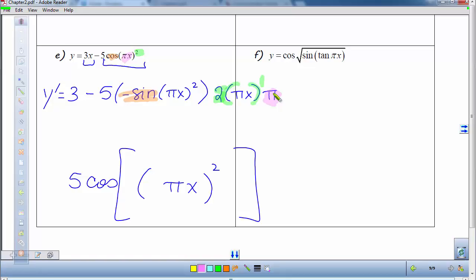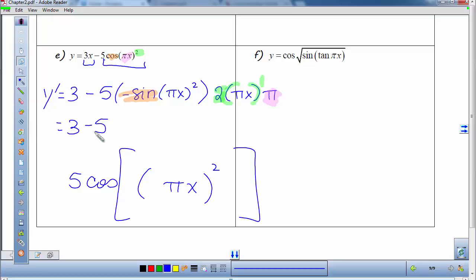Other questions? How do you simplify that? I'd say it's probably not so bad. The 3 is just 3 minus 5 up front. And notice that this really is a big giant product, right? I've got minus here and minus here, so this is going to become what? Plus. And I could go ahead and put all my constant multiples together.